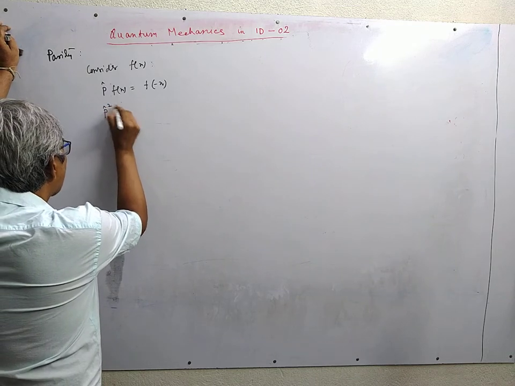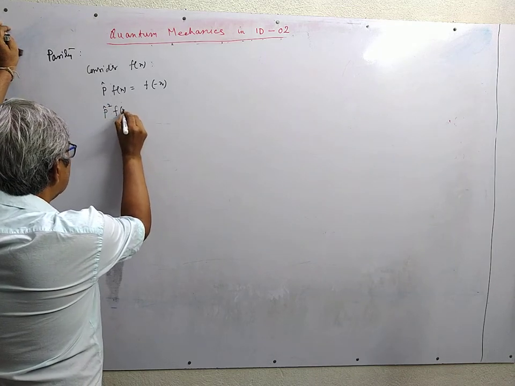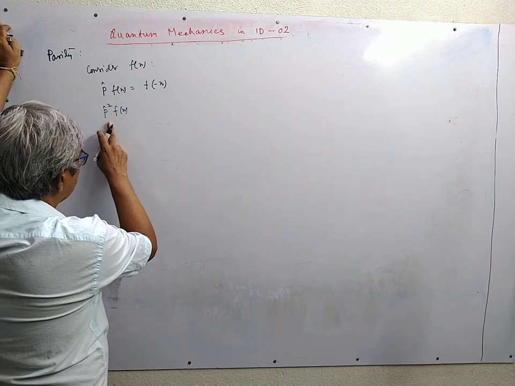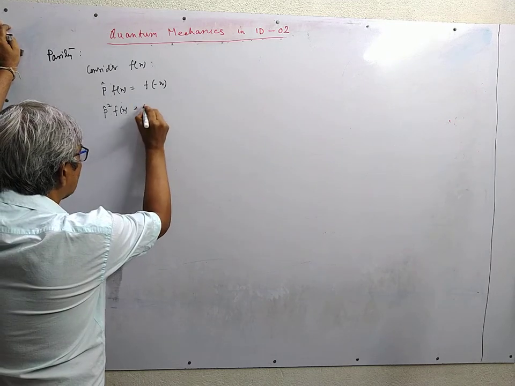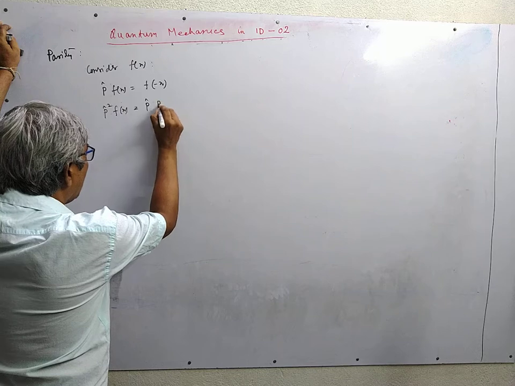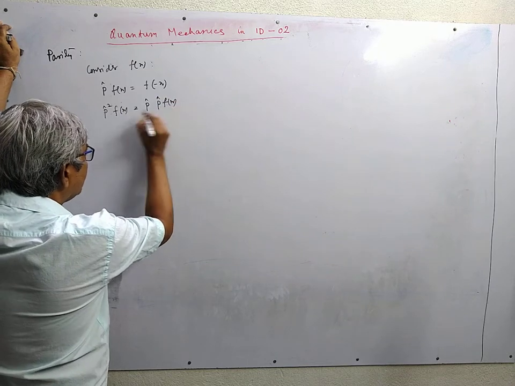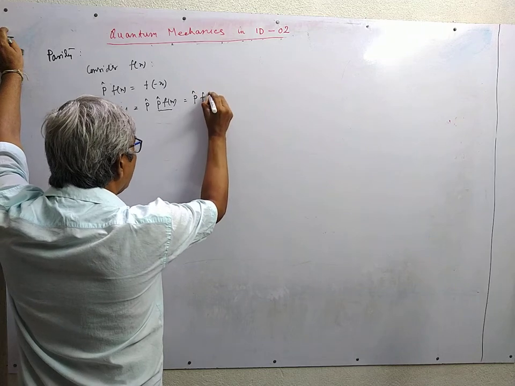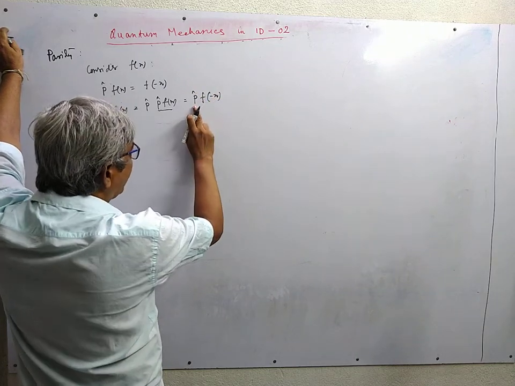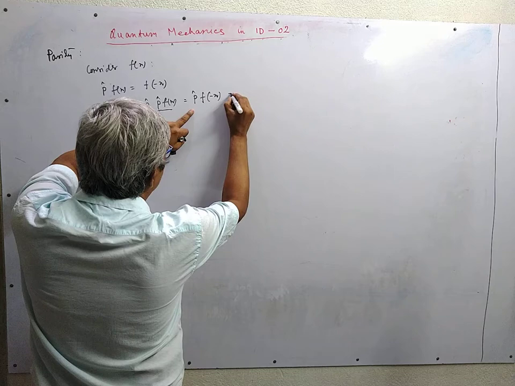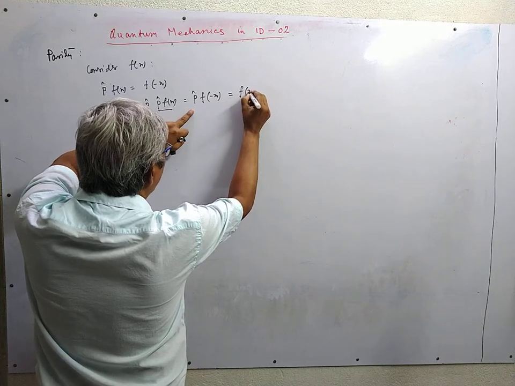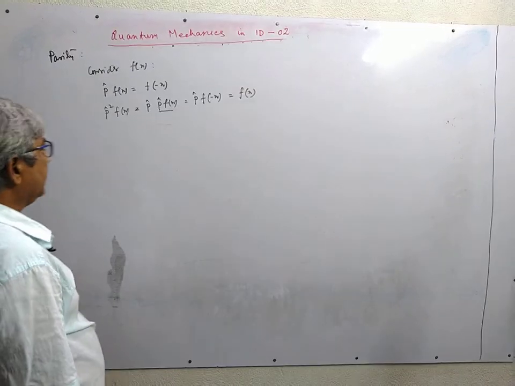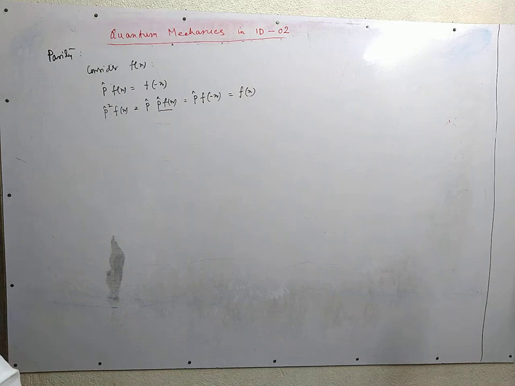So consider the P square operator. The square of an operator means that it operates twice. So this is P operating on P of f of x, which we know is P of f of minus x, and when P operates on it, it gives you f of x back. This is one way of looking at the problem.